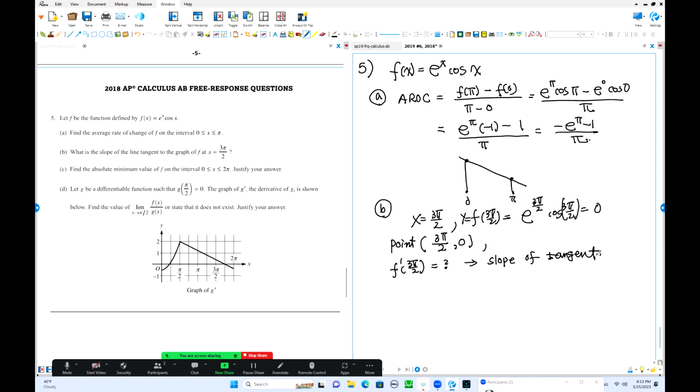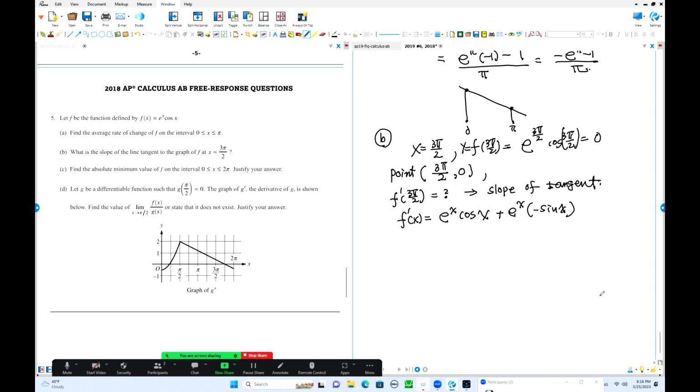Okay, now let's find the slope of tangent. Take a derivative, f prime x. f prime x is how much? Separate. e to the x derivative is still e to the x. Times cosine x. Plus, first one don't touch. Second one derivative is negative sine x, okay? Cosine x derivative is negative sine x. That is f prime x.